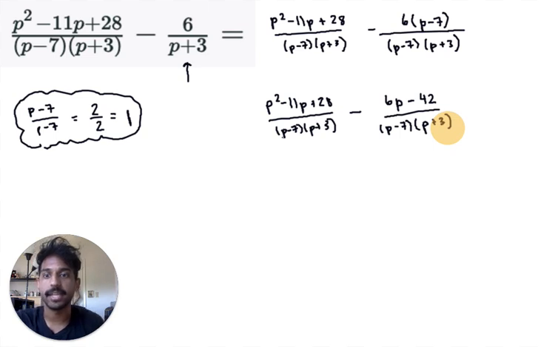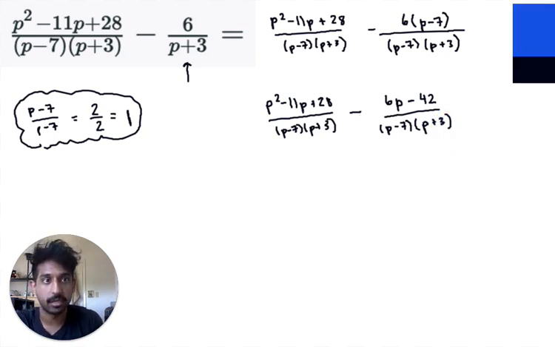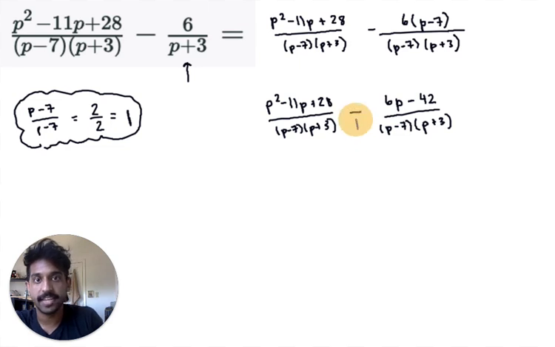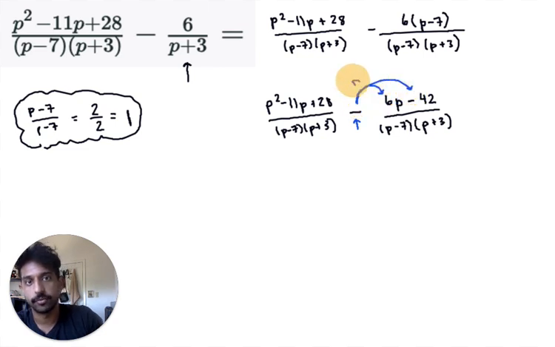Now, we can combine these two, but remember, because there's this negative sign here, this subtraction, we need to make sure we distribute when we're combining.